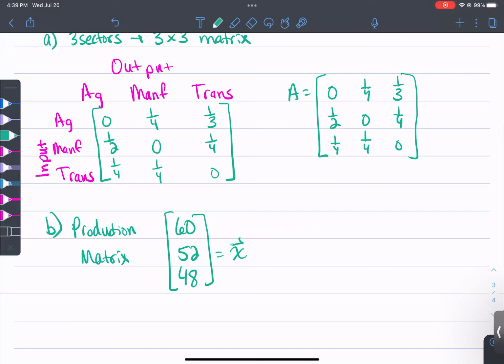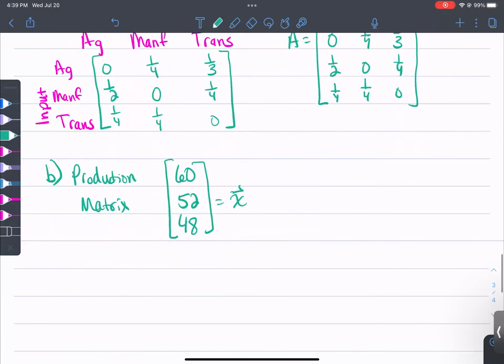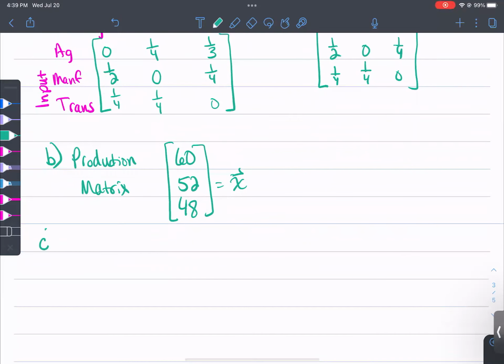Okay, part C says how much from each sector is used up in the production process. So when we multiply our A matrix times our X vector, that gives how much from each sector is used.